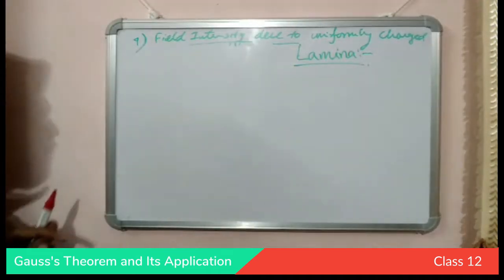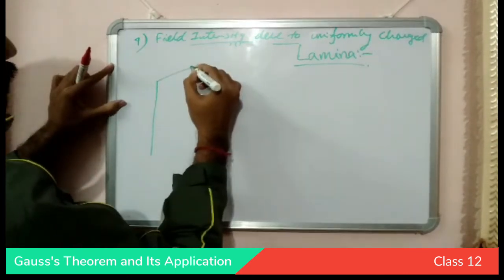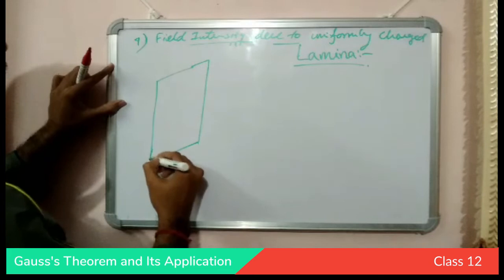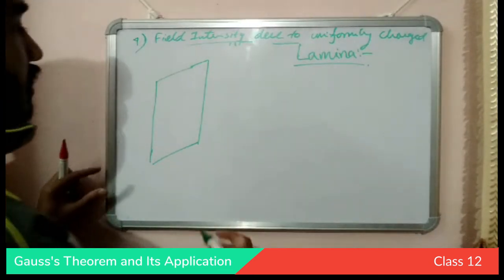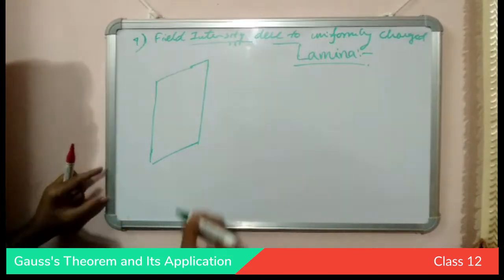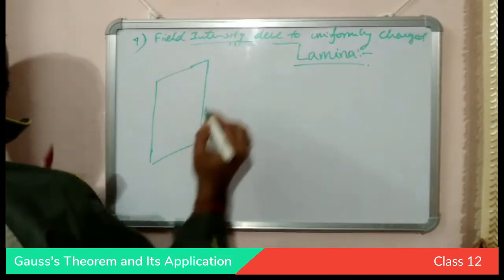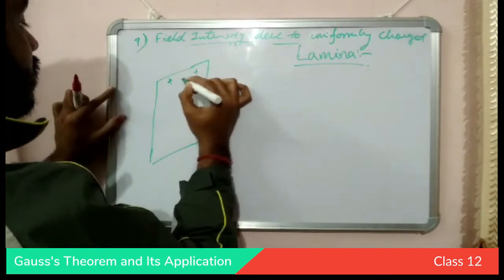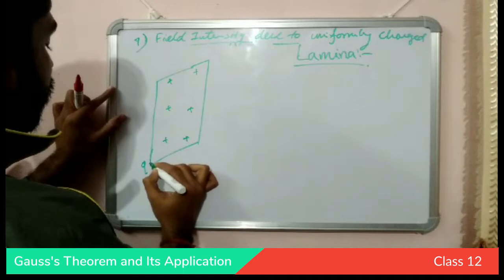So what is a lamina? A lamina is nothing but a piece of metallic or non-metallic sheet which has a negligible width. Okay, so suppose this lamina is charged with charge q.